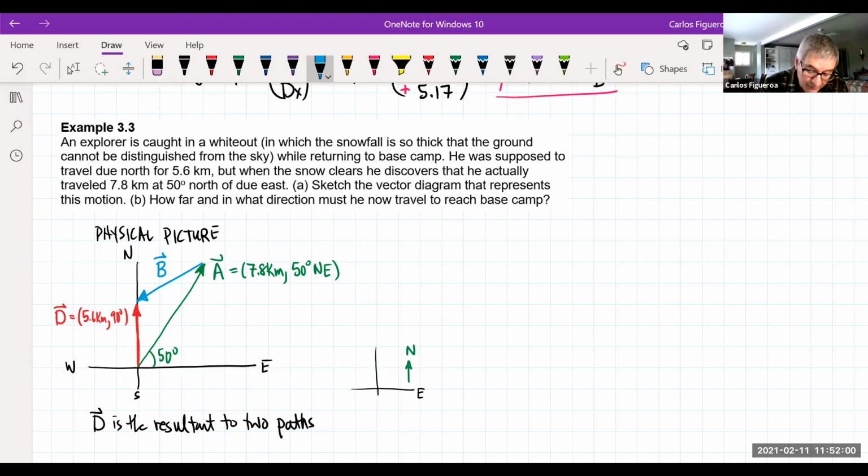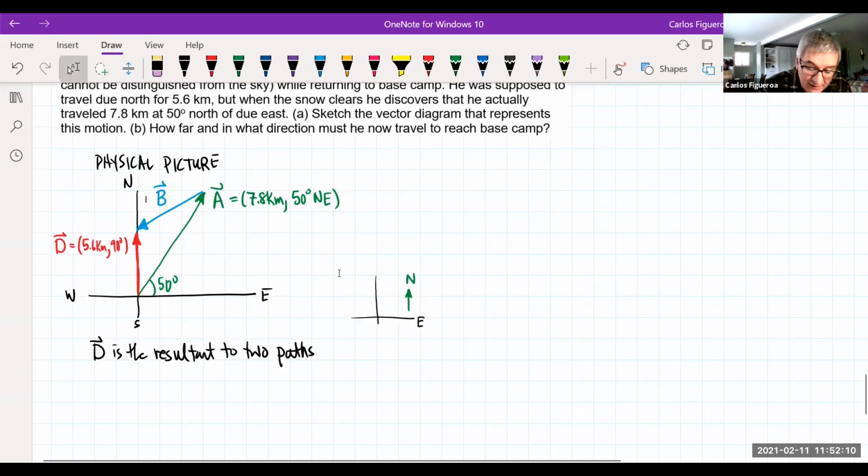So our goal here is to find the vector B. But there are some nice things about this picture. We can clearly see that if D is the resultant here, it must be that in order to get to D, we had to go by A, and then to get to D, we had to take another path.